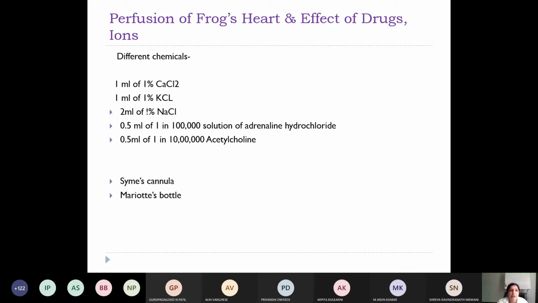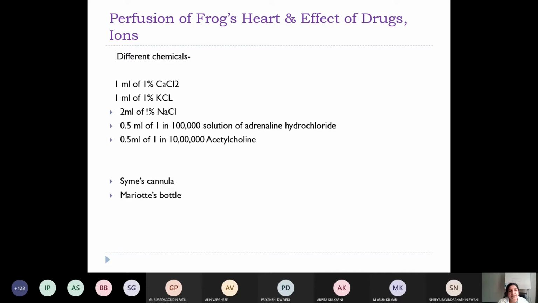So perfusion experiment means the heart from the frog's body is taken out completely, and a Sims cannula is used. I could not find a diagram or picture to show you; you will get it in the old physiology practical books. The Sims cannula is one horizontal tube with one side tube and a sharp end, which is inserted into the sinus venosus of the frog's heart, and a small thread is tied around it.